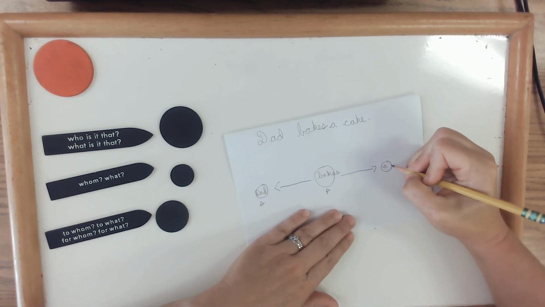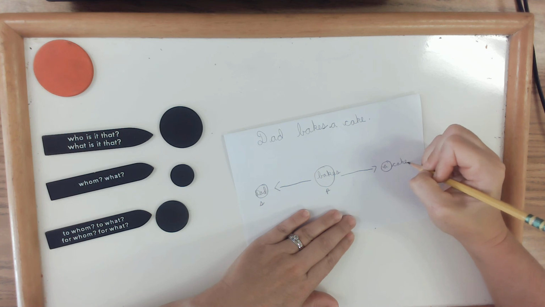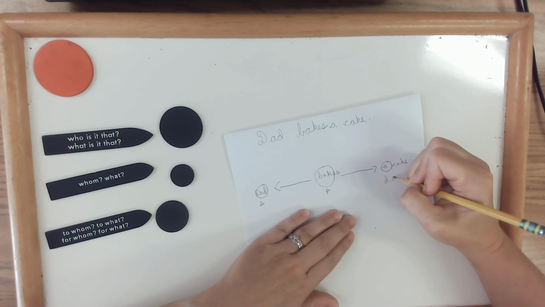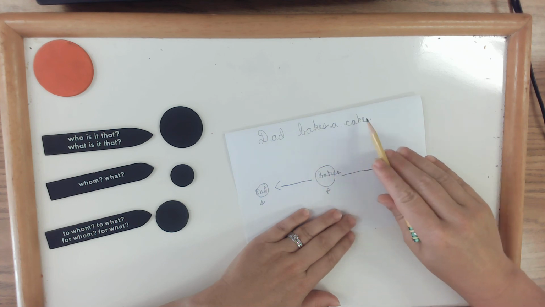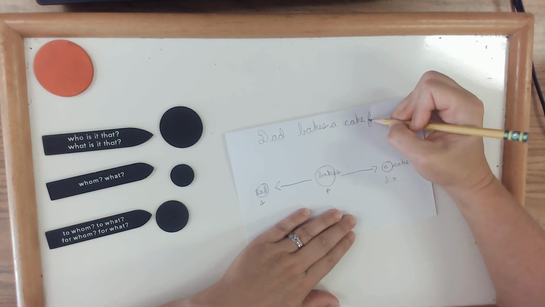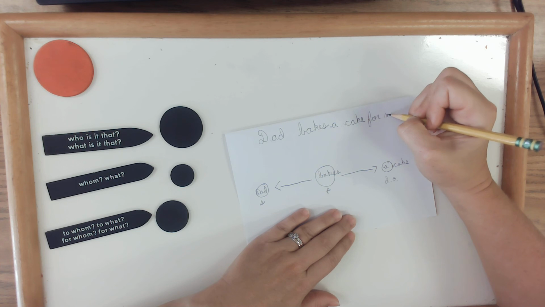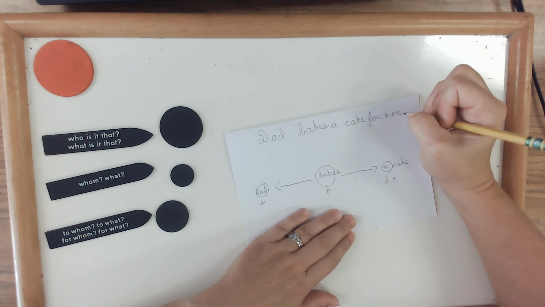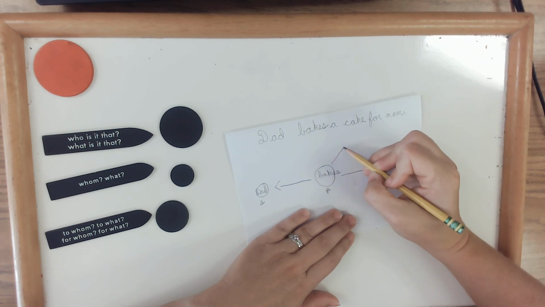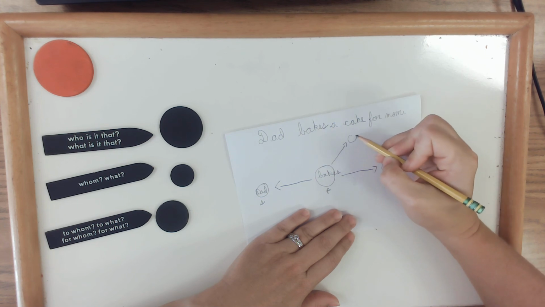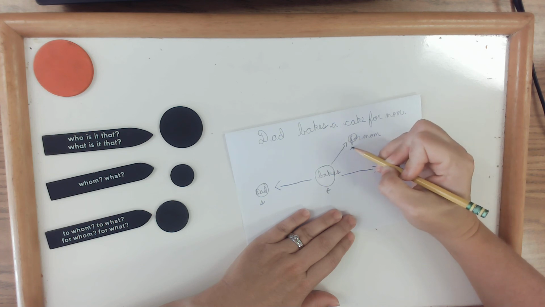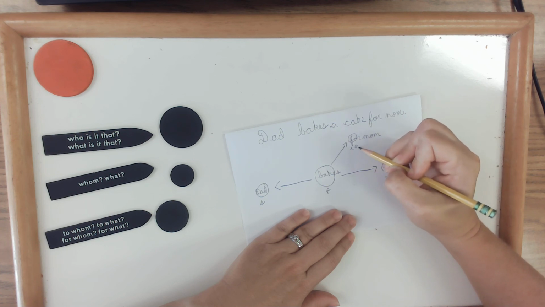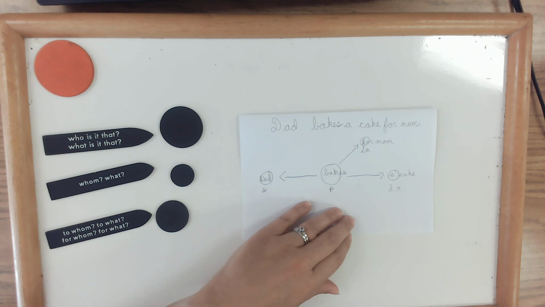A cake, and direct object. If you were to put Dad bakes a cake, we could change the sentence for Mom. That would come up here. For Mom, and we'll put indirect object there.